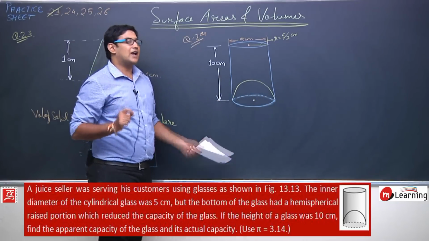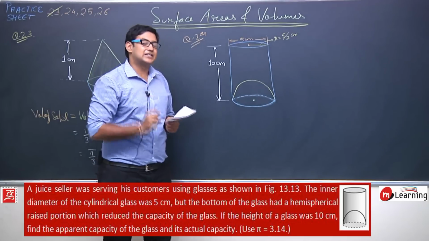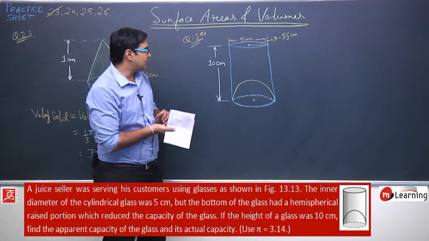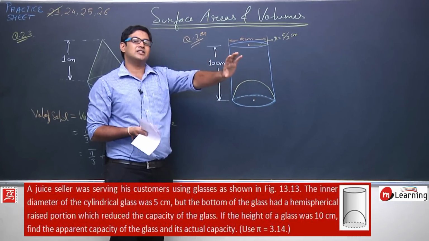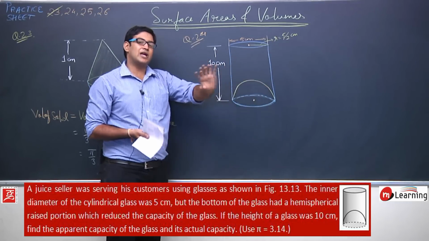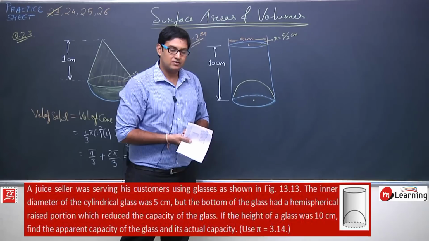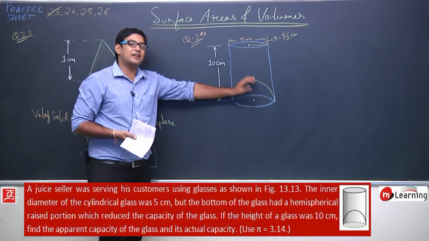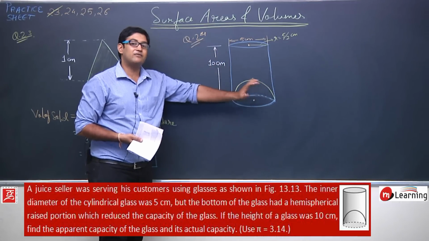But in actual we have this hemispherical portion, so the real capacity will be less. How much less? The real capacity will be less by the volume of this hemisphere. We will deduct the volume of this hemisphere from the apparent capacity to get the actual real capacity. Why? Because in this hemispherical raised portion I cannot fill juice, so this portion will be wasted.